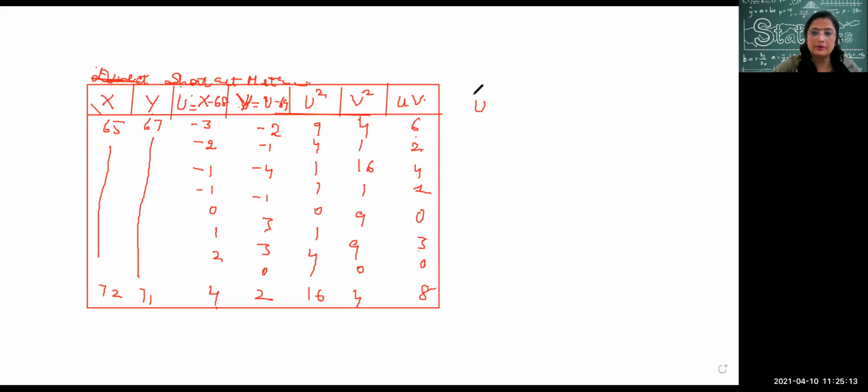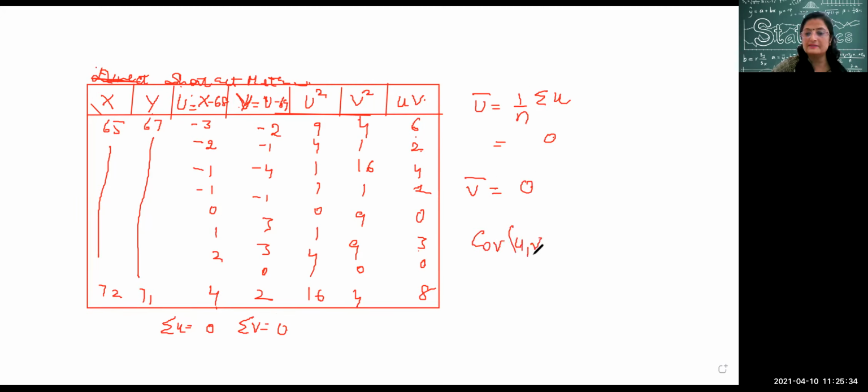Now what do you need to find? First you need u bar, that is 1 by n into sigma of u. So sum it up. When you take the sums, solve it, you will have summation u. What is summation of v? That is equal to 0. So u is 0 and v is also equal to 0. So how simple, covariance between u and v.